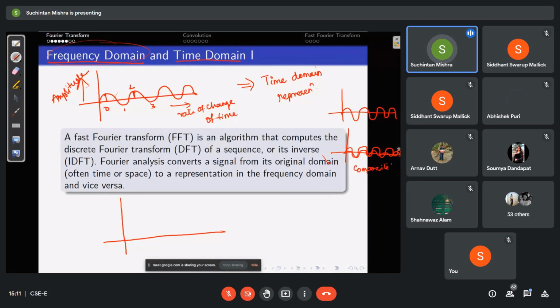Composite signals means they will have multiple frequencies. Now, the representation of a signal according to its constituent frequencies is known as its frequency domain representation.